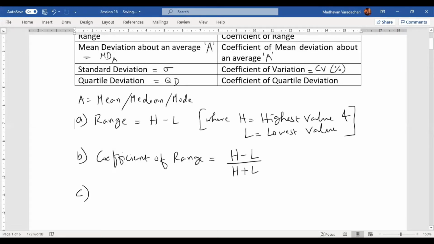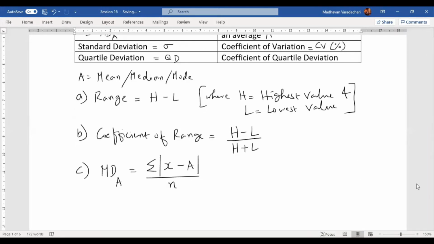Then the next one, mean deviation about an average A. That is calculated as the summation of the absolute value of the observation minus that average, divided by the number of observations.